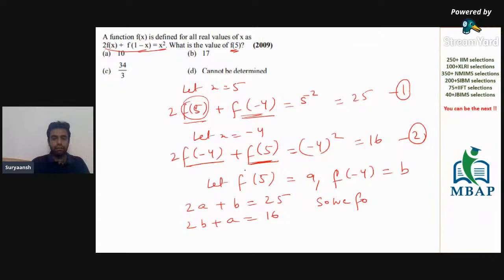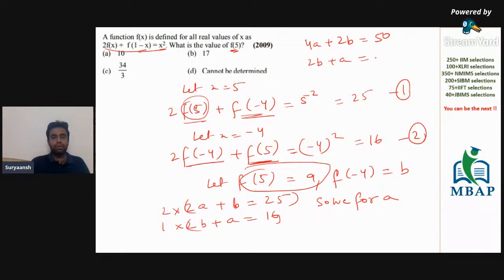We have to find the value of a. You can solve using the elimination approach or any approach. Just multiply this with 2 and this with 1 and then subtract. So we'll get 4a plus 2b is equal to 50 and 2b plus a is equal to 16.